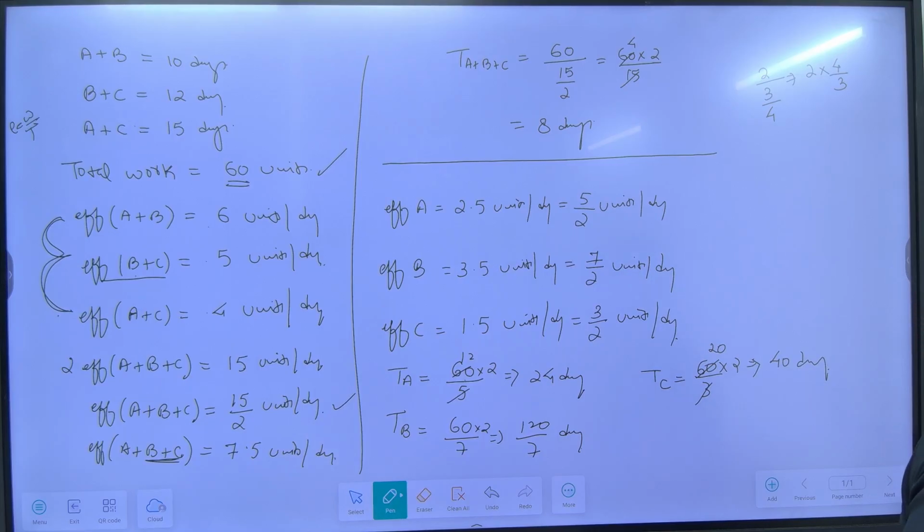Let me do the first question for you. The second, I have already done for you. First: A and B together can do a piece of work in how many days? 8. And A alone can do the same work in 12 days.